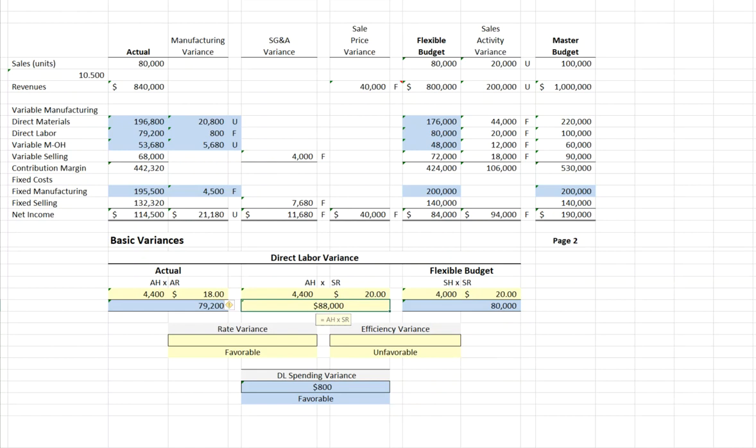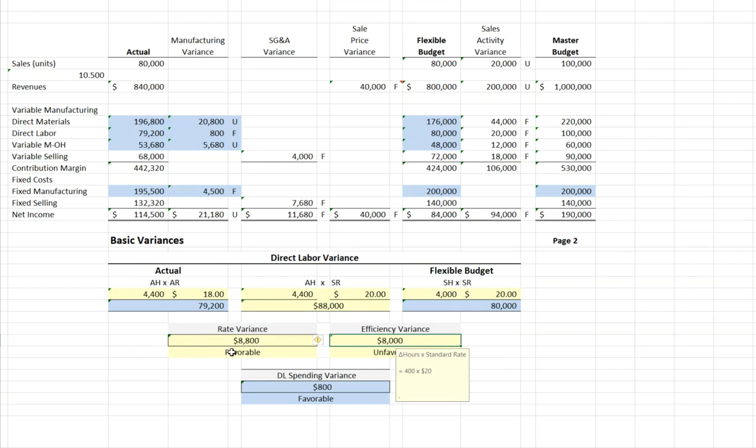Our rate variance is the difference between the 88,000 and the 79,200, or more precisely, it's the $2 an hour difference in our labor rate multiplied by our 4,400 actual hours. Our efficiency variance is the difference between the 88,000 and the 80,000, or $8,000, or more precisely, it's the extra 400 hours that we spent at $20 per hour.